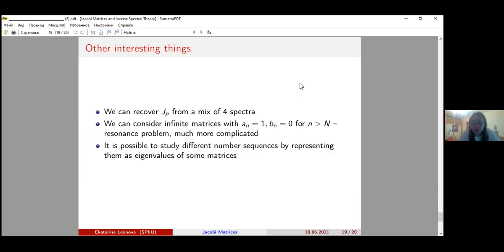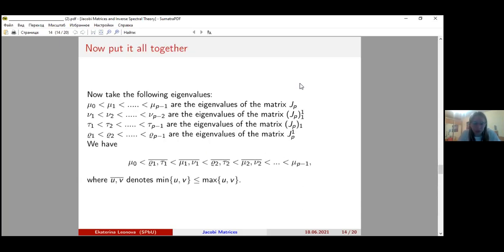First of all, one of the interesting results is that we can actually recover our matrix JP from a mix of four spectra. So I can go back here, and in the beginning there was a known result, 1978, that we can take these eigenvalues and these eigenvalues, and then we know the Jacobi matrix.